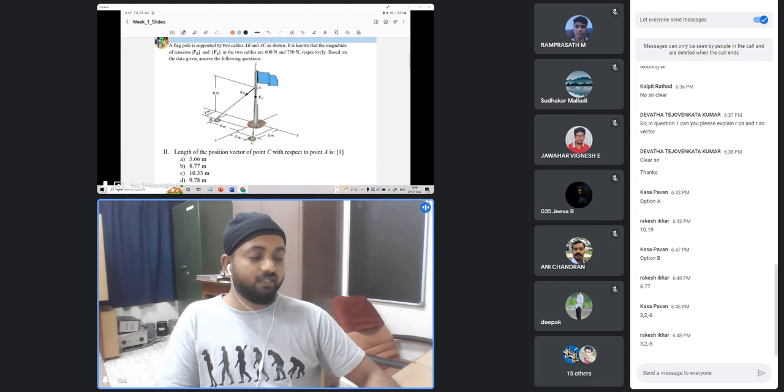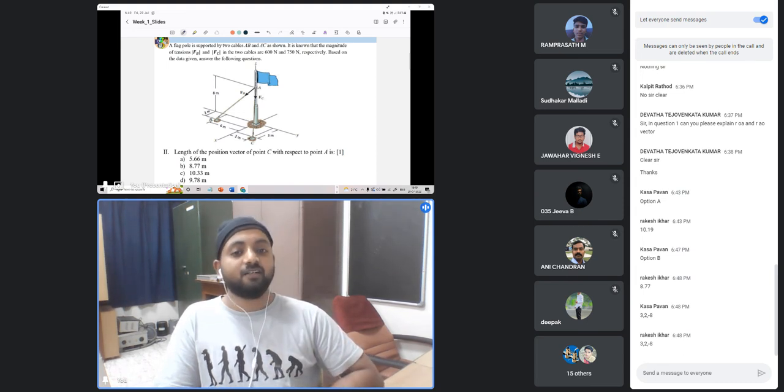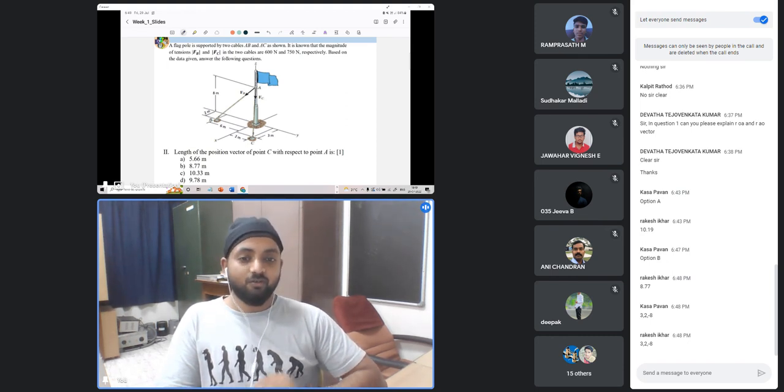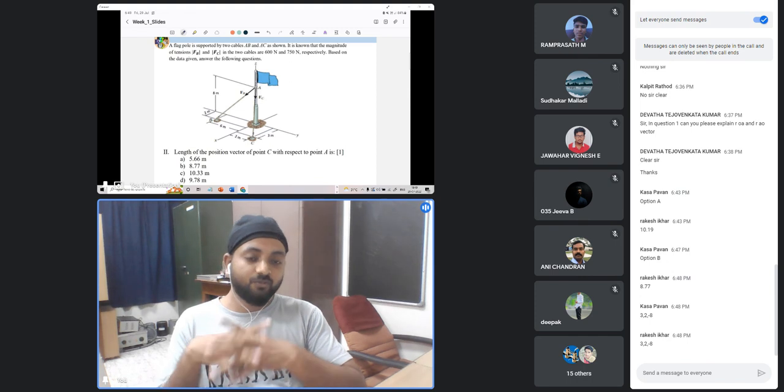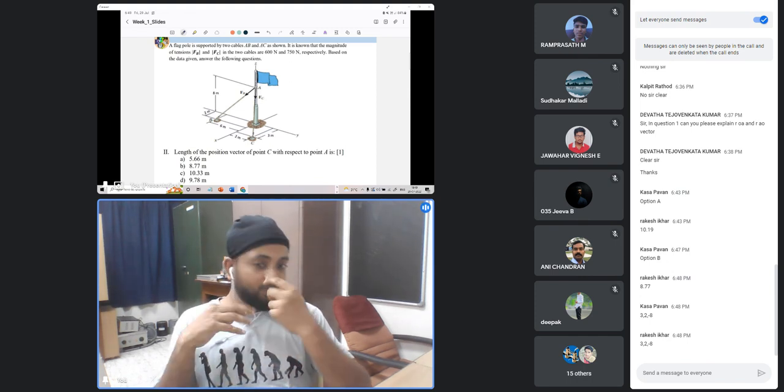Okay, so I think it is clear so far, because this is anyway very fundamental in nature. We have been dealing with vectors and forces from class 12th, class 11th in fact. So it goes comfortably generally. Equilibrium is also somewhat understood.